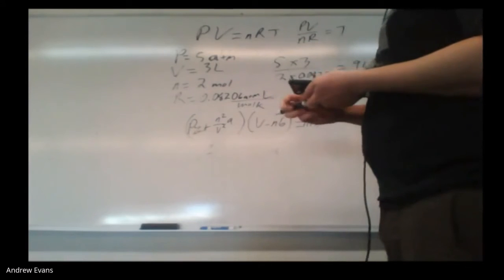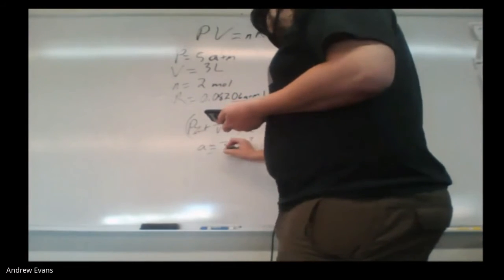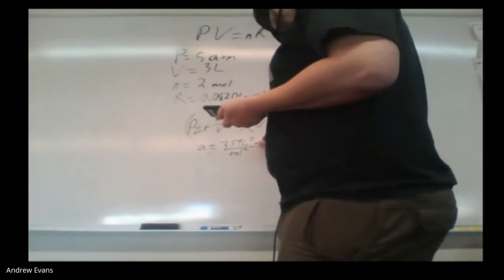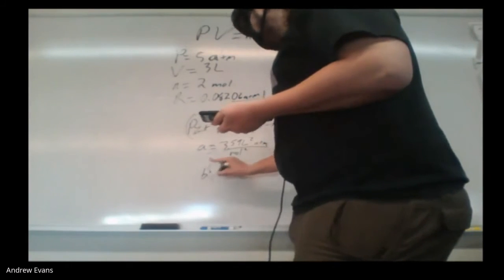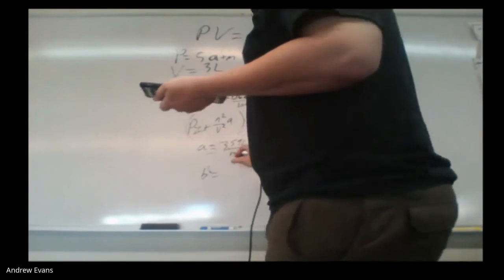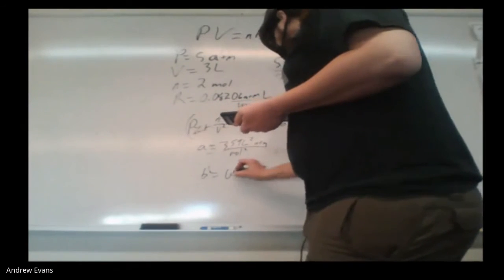So however you want to do this, a is 3.59 liters squared atm per mole squared. The reason for those units is so that I can add atmospheres to atmospheres. b is 0.0427 liters per mole.